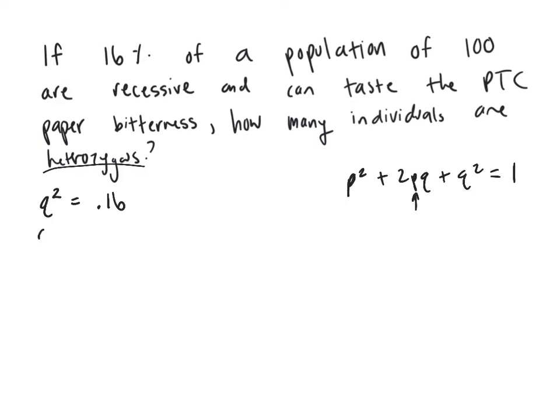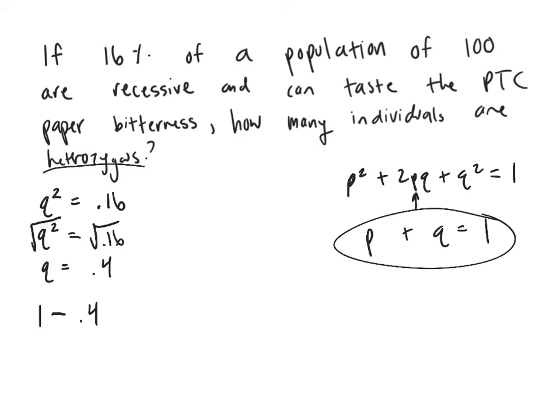Let's find Q. Q is going to be equal to the square root of Q squared. So in this case, we're going to have Q is equal to 0.4. And with our other formula, P plus Q equals 1, we just plug the 0.4 in for Q, and that means that 1 minus 0.4, I'm just rearranging this formula, is equal to P. So that means P must be equal to 0.6.